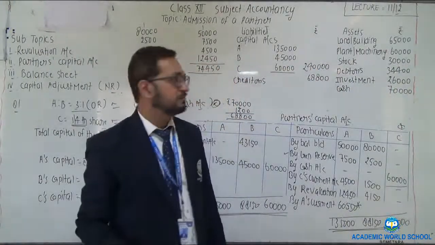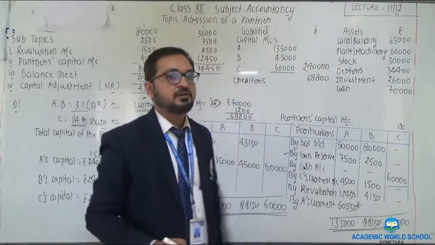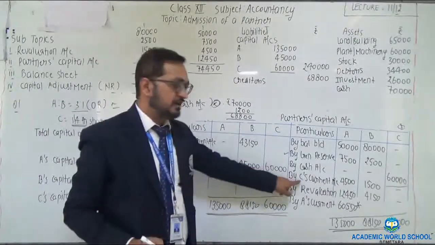I hope all the items are clear. Land and building, plant and machinery, stock, debtors, investment, cash. Now see one thing. C's current account.